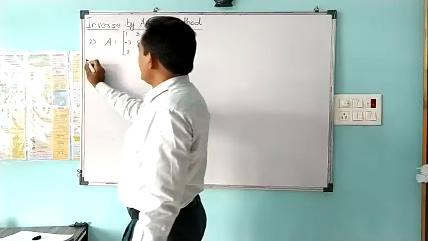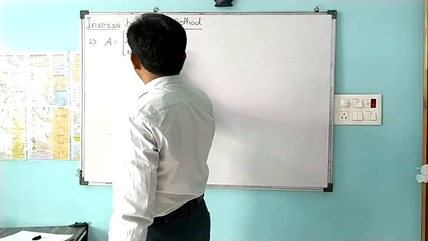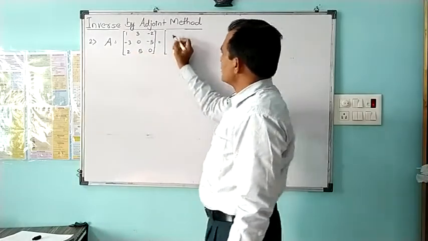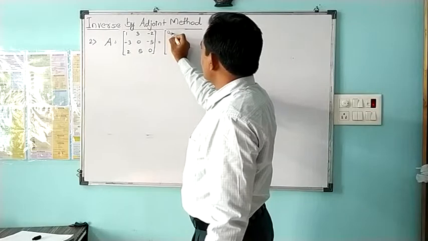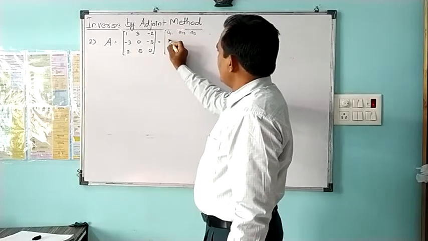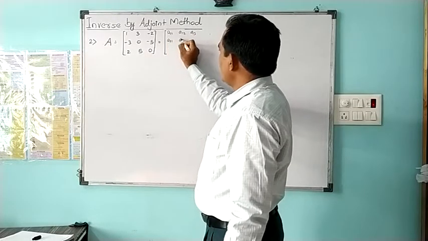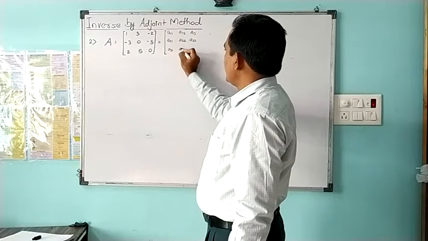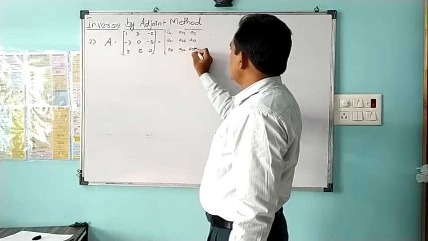Now if I consider this as the given matrix and consider its position-wise numbers, A11, A12, A13, A21, A22, A23, A31, A32, A33.